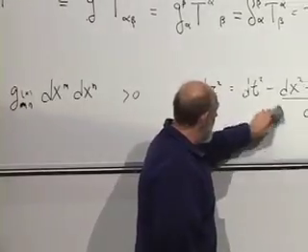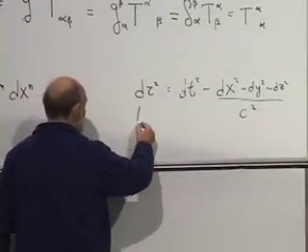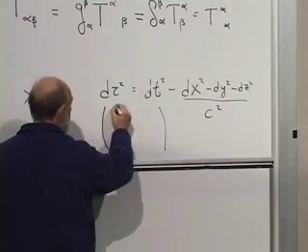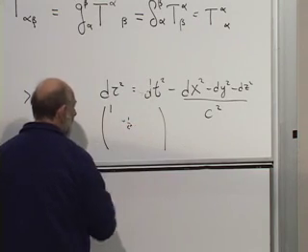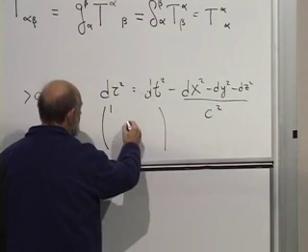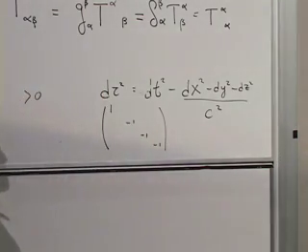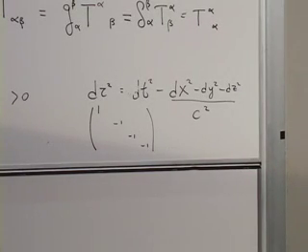Looking at this, we could write down the metric tensor. The metric tensor as a matrix would have a 1 and a -1 over c squared. Let's get rid of the c squared now. Now that I've put the c squared in, let's take it back out: 1, -1, -1, -1. How many positive eigenvalues does it have? 1.